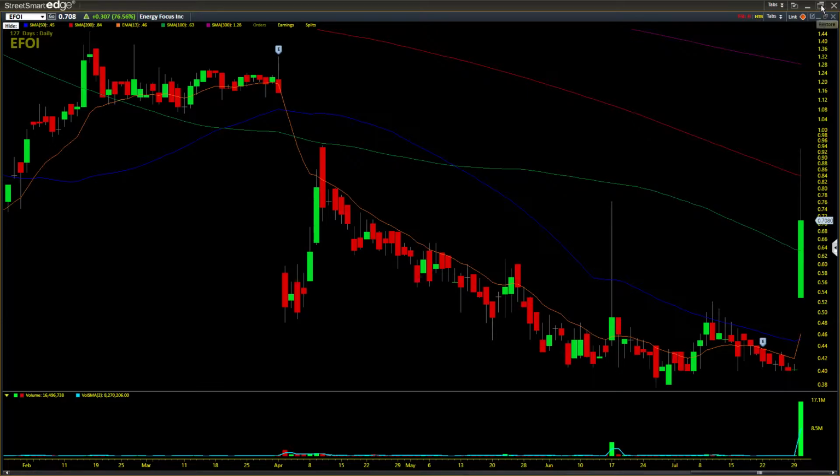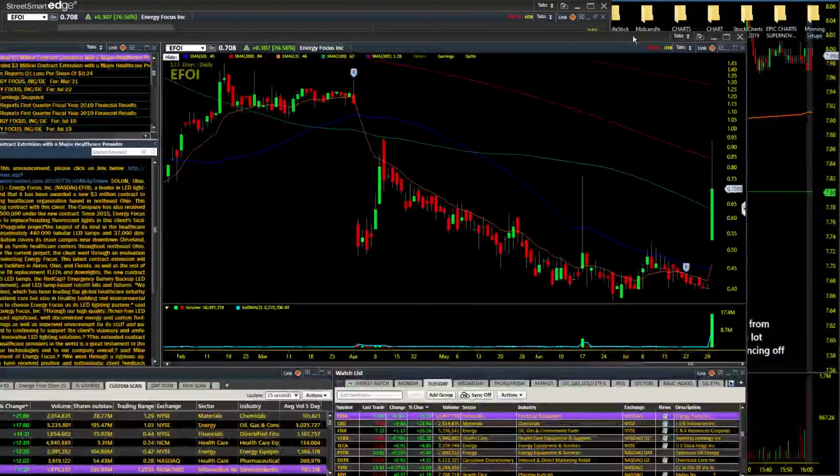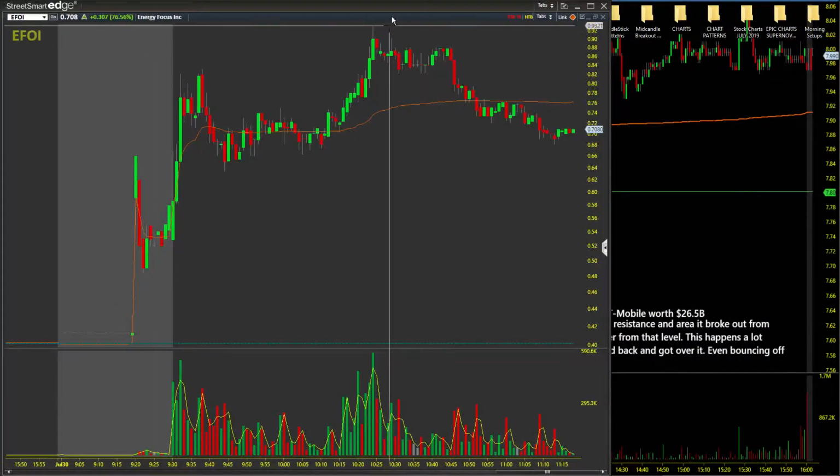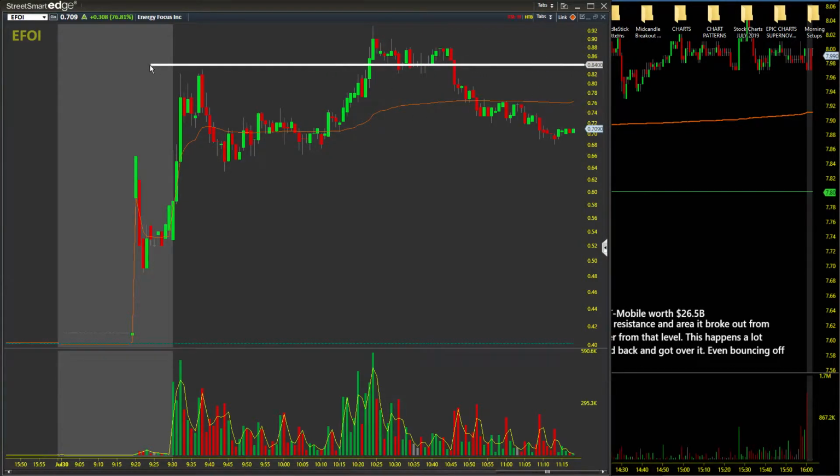And if we go back and look at the intraday chart, here's that 84-cent level right there. The stock this morning ran up to it right there, and it ran up to it right there. And then it finally got over it right here, and then it held as support all right here.